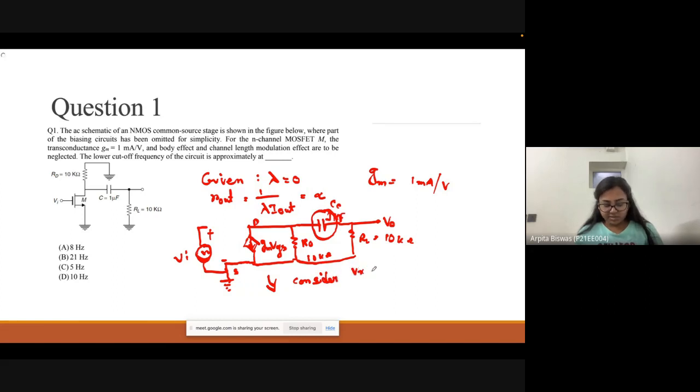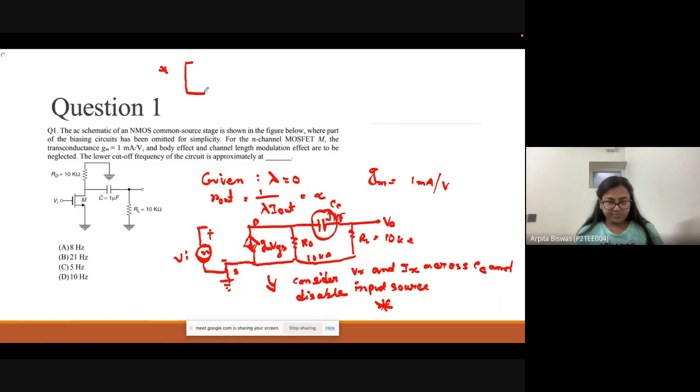Consider Vx and Ix across the coupling capacitor and disable the input sources. So you have to disable the input sources, and also here you have to put a Vx and Ix, the current coming out from this. So I'm writing here how the circuit looks.